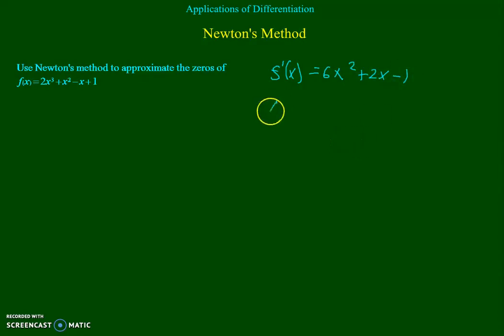So let's set up Newton's method, and we have x1 minus f of x1 over f prime of x1. Now if you were to sketch this function, you would see that the zero is going to be somewhere around negative 1. So that's what we're going to use as our first approximation.